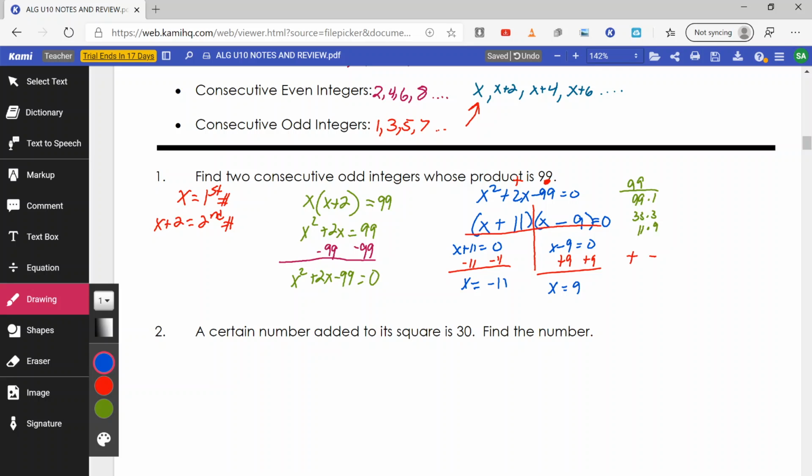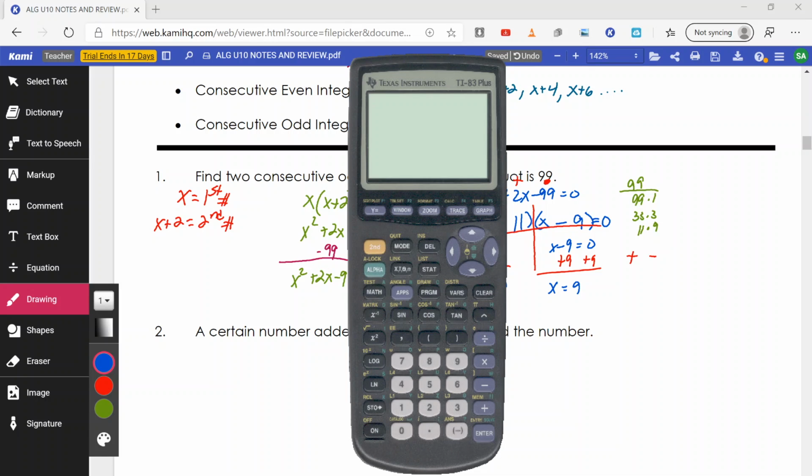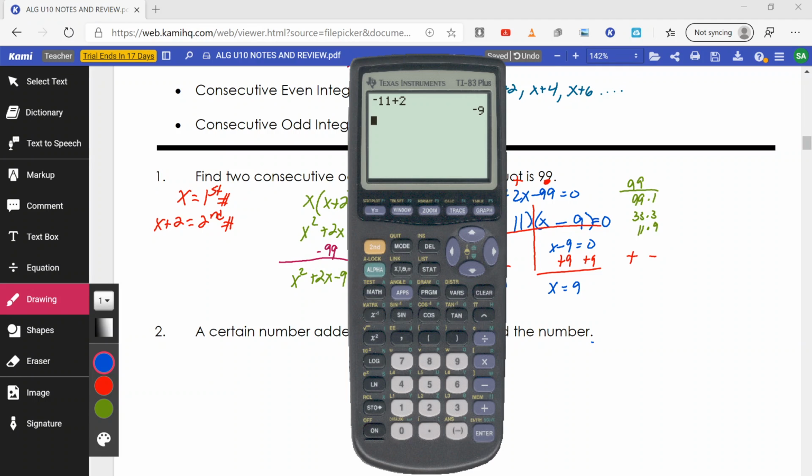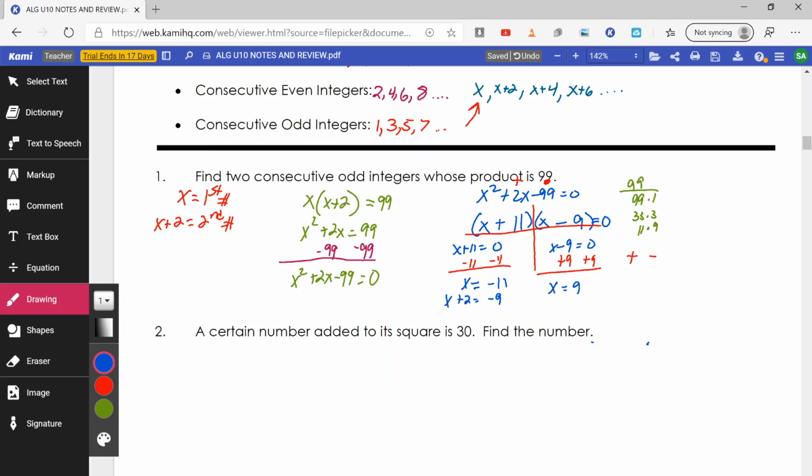So if x is negative 11, that means x plus 2, so negative 11 plus 2 gives me negative 9. So those are two consecutive odd integers. So negative 11 times negative 9 gives me positive 99. So we're good there. So negative 11 and negative 9.